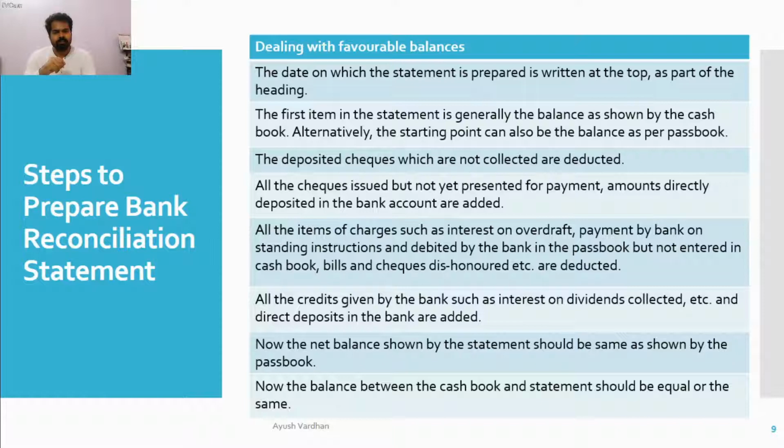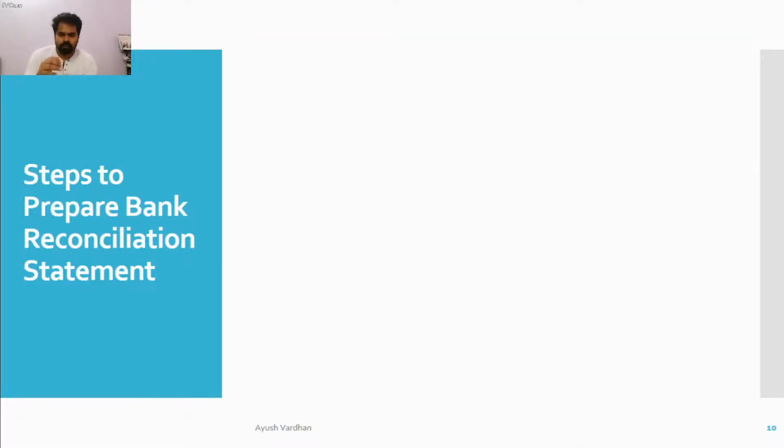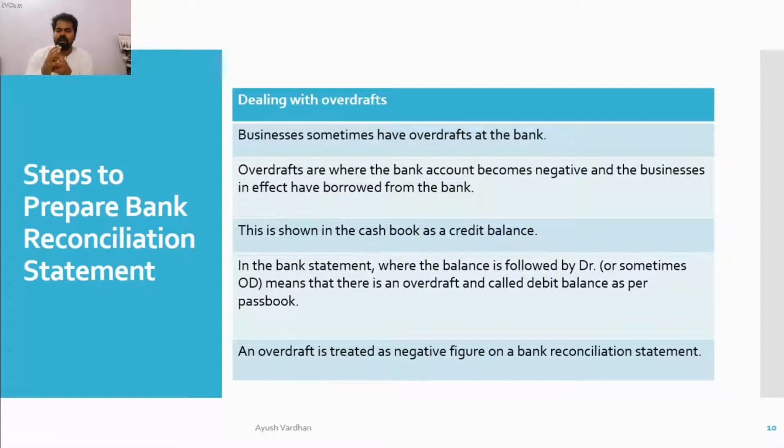Okay. Now we will see the issues related to overdraft. So what is the condition of overdraft? Overdraft means you have made some extra payment than the balance you have in the bank account. So this is basically a negative number.